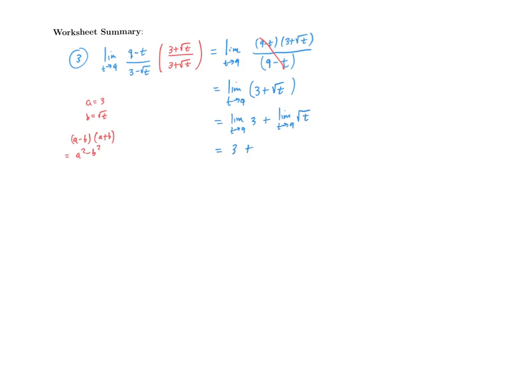And now, because it's the limit of a square root, we need to use one more limit law and think about taking that limit and pushing it inside the square root. So we end up with 3 plus the square root of 9, which is 3 plus 3, and we have 6.